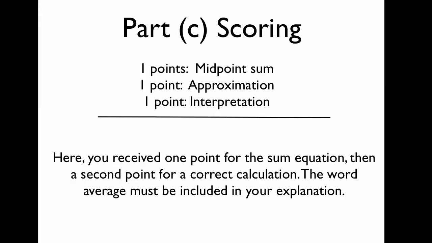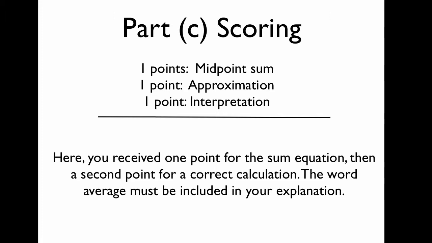On the scoring for Part C, we're given 3 points. One for writing out the formula for the midpoint sum, meaning writing out all the parts of it, or saying I'm going to do 2 times C1 plus 2 times C3 plus 2 times C5. The second point is for actually doing the computation correctly, so getting 10.1 for your answer, 10.1 ounces.